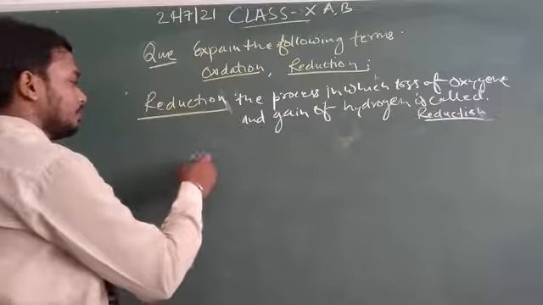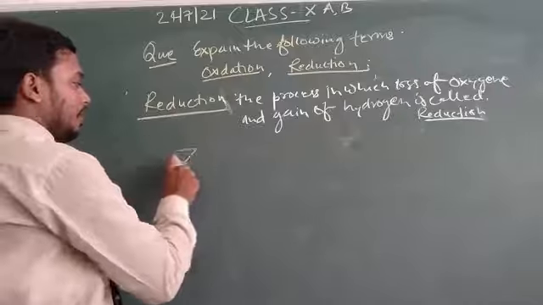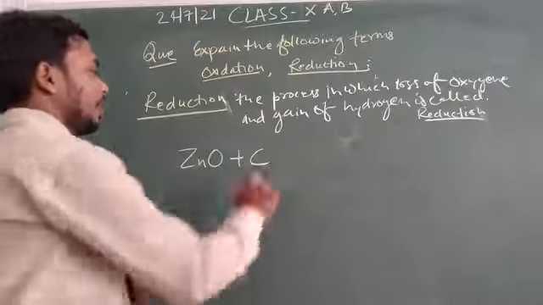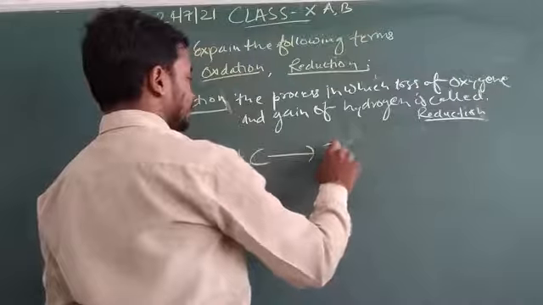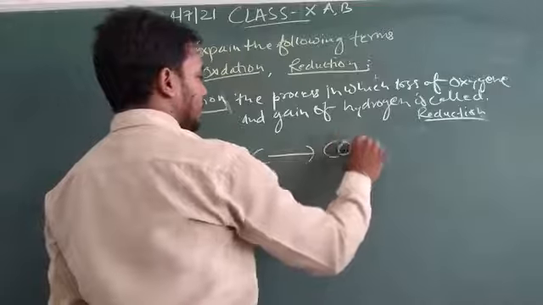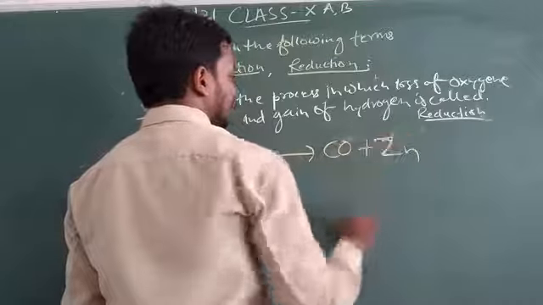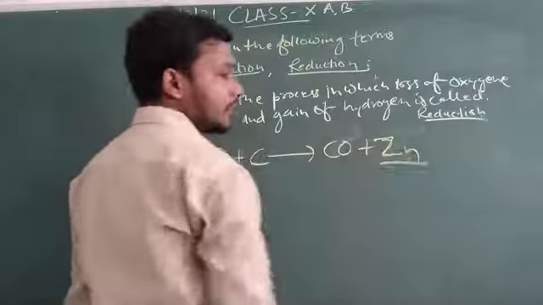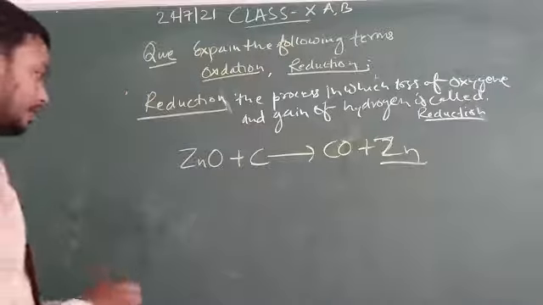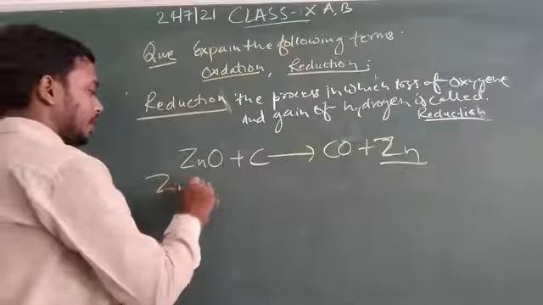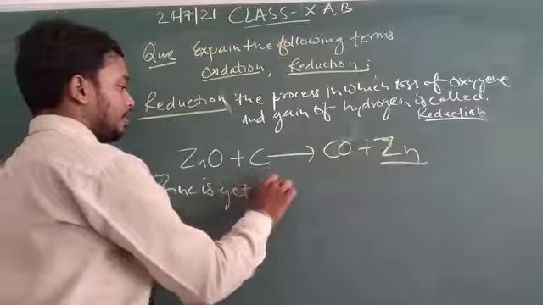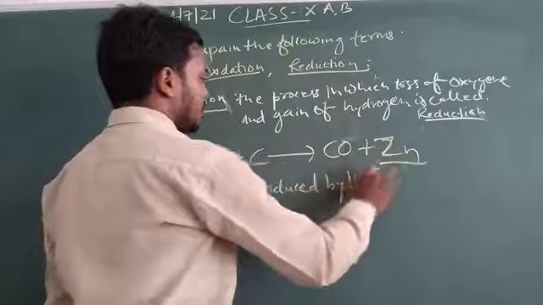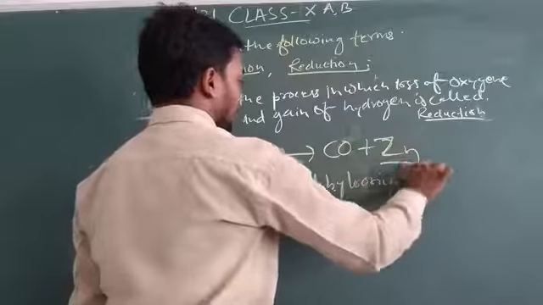For example, zinc oxide plus carbon will give rise to carbon monoxide plus zinc. Here zinc gets reduced because it lost its oxygen. Similarly, zinc is reduced by losing its oxygen.